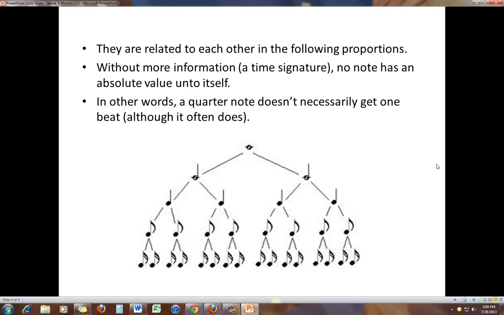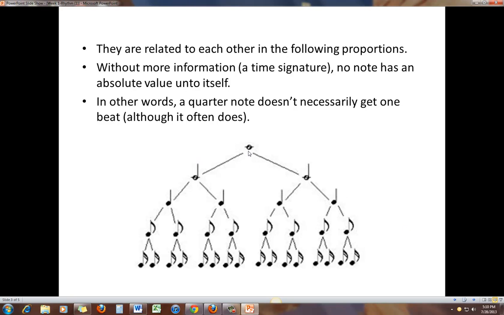But without more information, in other words, a time signature, no one note has any absolute value unto itself. So a quarter note does not necessarily equal one beat, although it very commonly does. Any of these note values can be assigned the note value which is equal to one beat, and we'll look at that more next week.